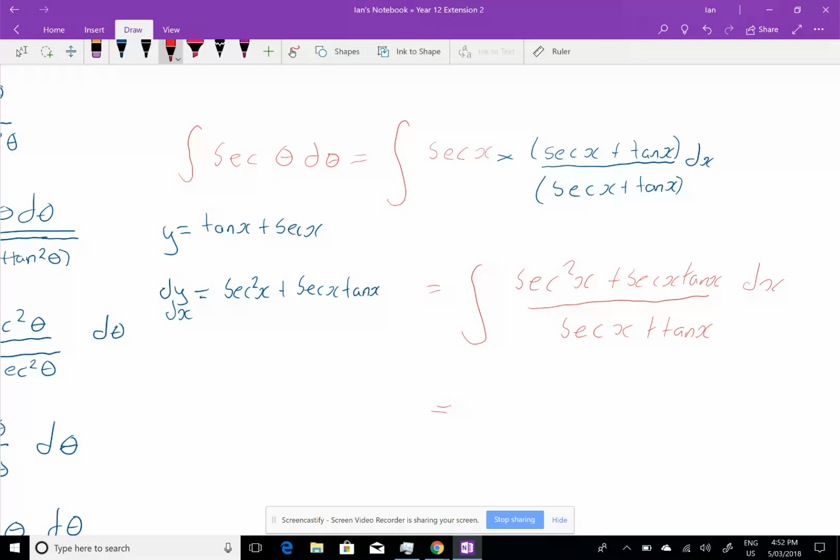And wow, look at that. We've got the derivative on the top of the function underneath. So when I integrate that, I get ln of sec x plus tan x plus some constant. Now, you need to know that. You need to remember that the integral of sec x dx equals that.